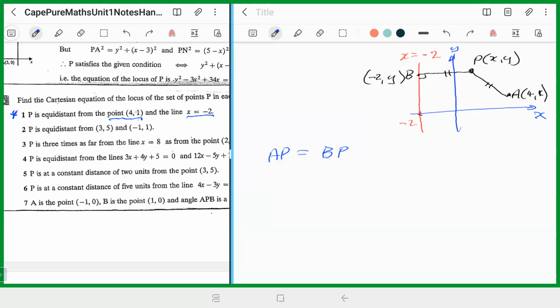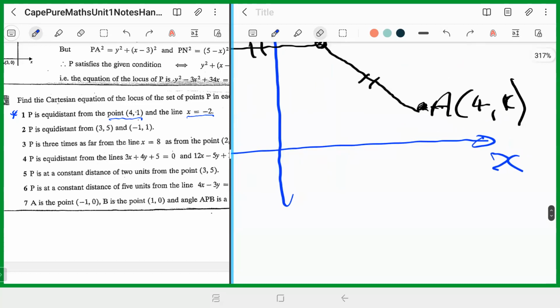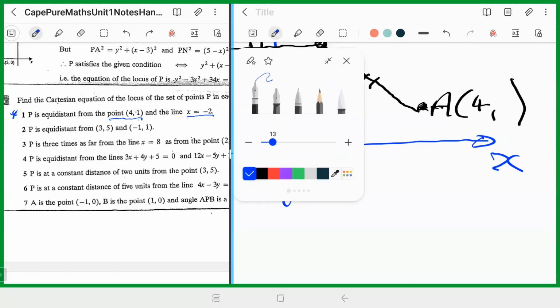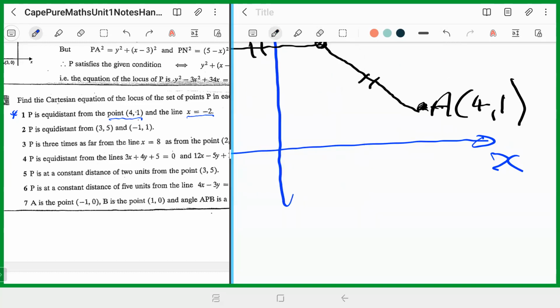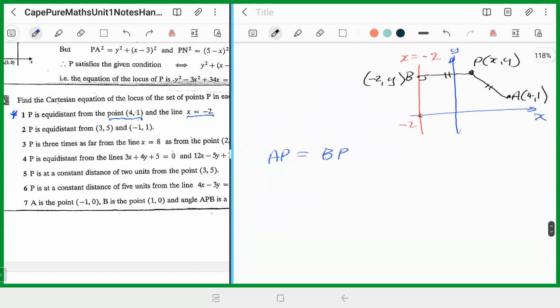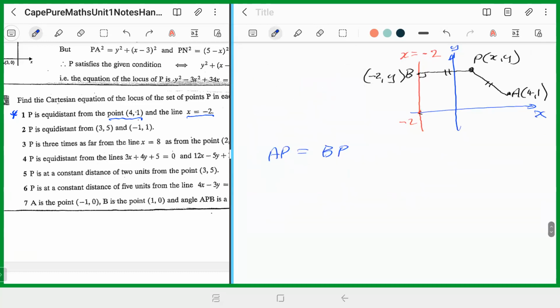It becomes the square root of the difference in the x values squared, that is x minus 4, squared, plus the difference in the y values squared, that is y minus 1, squared. Let's not forget, A is (4, 1).